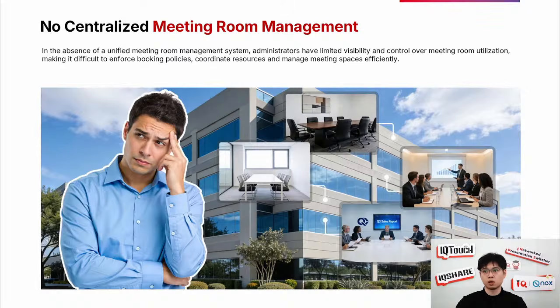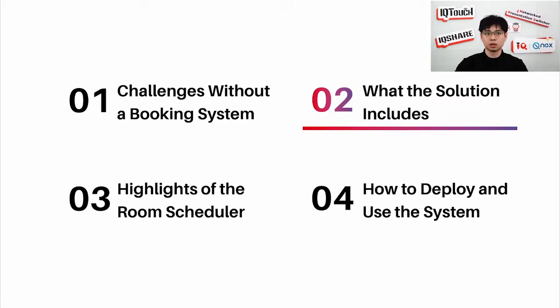Some rooms may require approval before a booking is confirmed. Without a unified system, it may be difficult to realize. So the question becomes, how can organizations manage meeting rooms more efficiently while making the booking process simple and transparent? That is exactly what the Q-NEX meeting room booking solution is designed to solve.